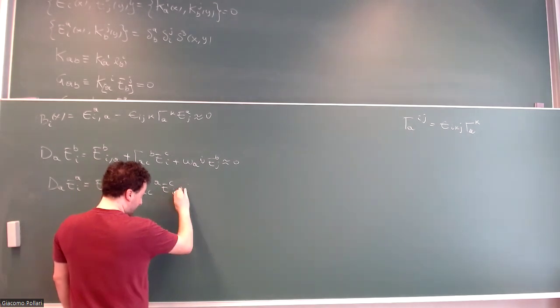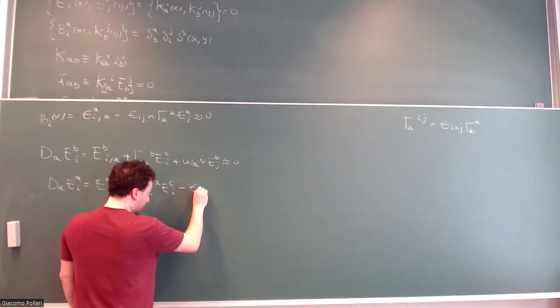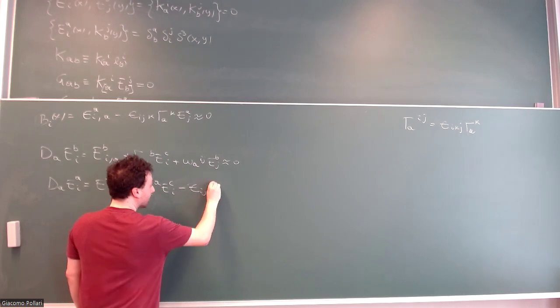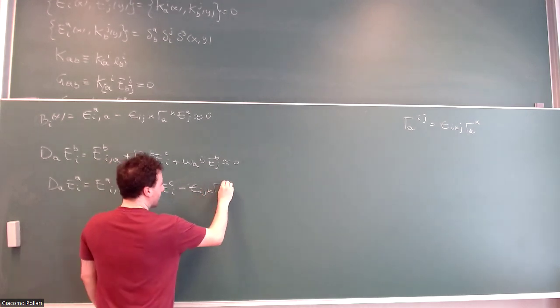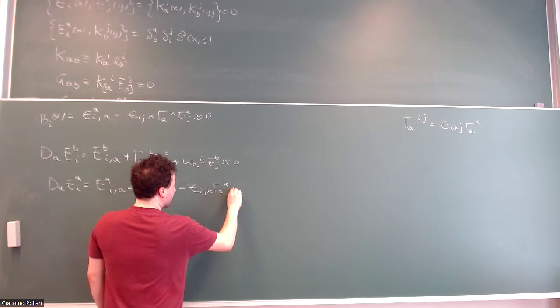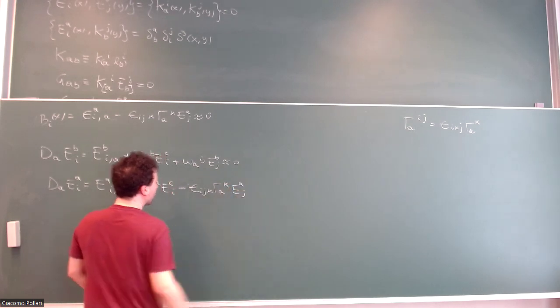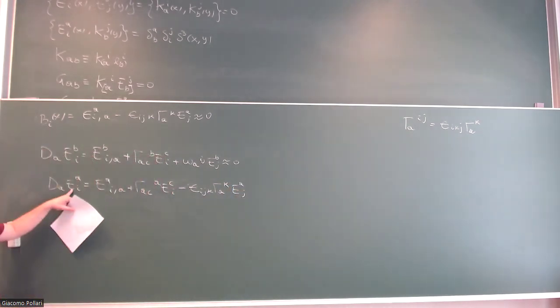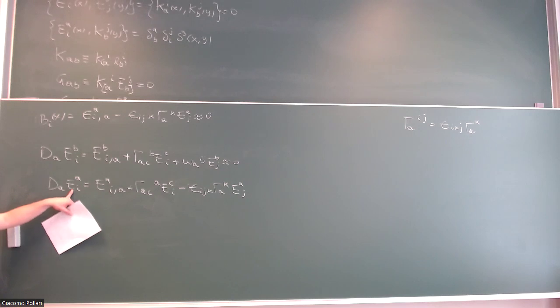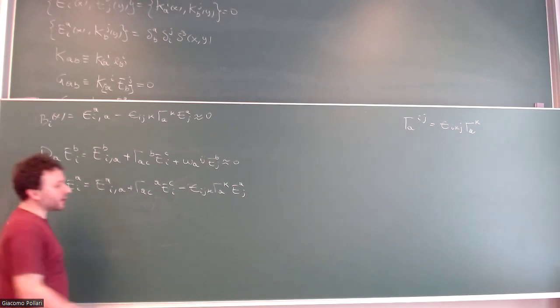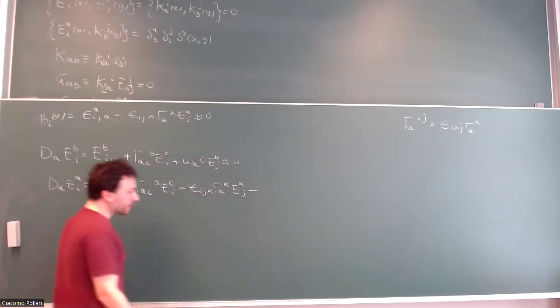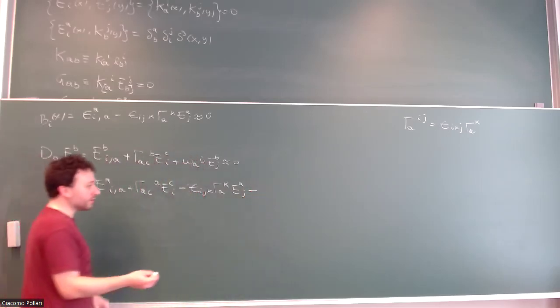Plus, sorry, so it becomes minus with gamma A K E A J. But then, since this is a density, we have a further term, which depends on the weight. And that is minus the weight, and in this case it's 1.